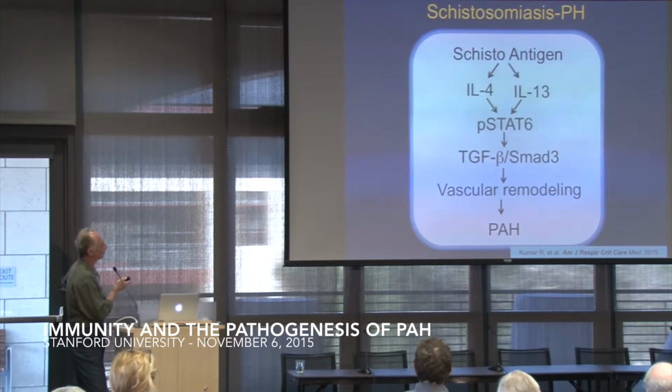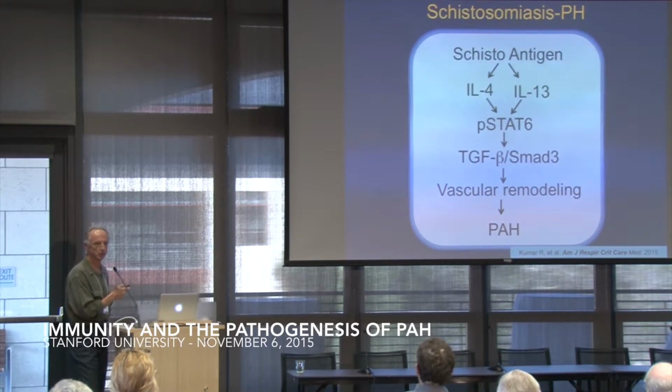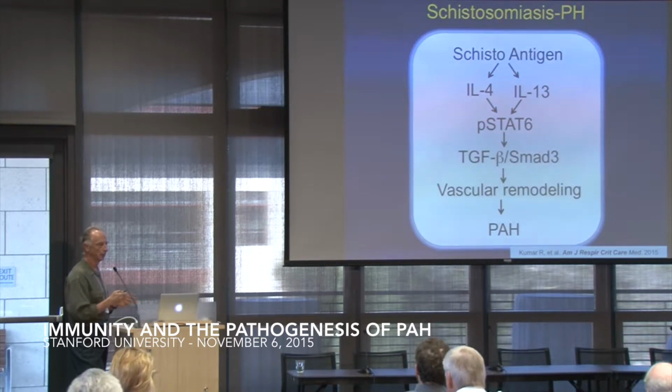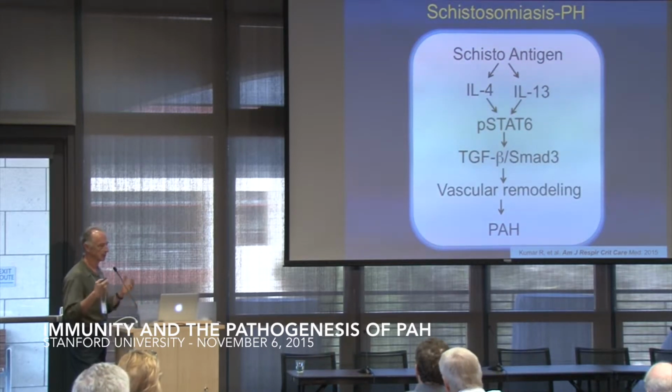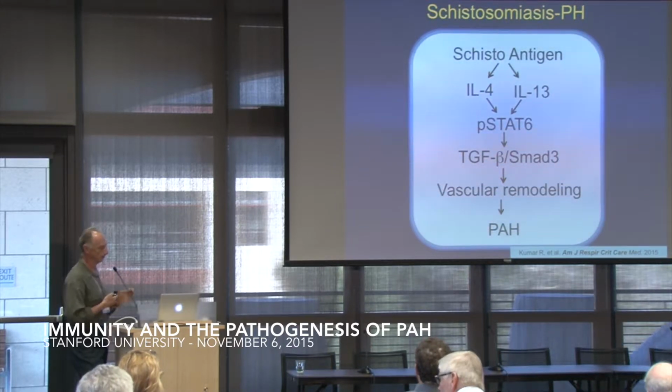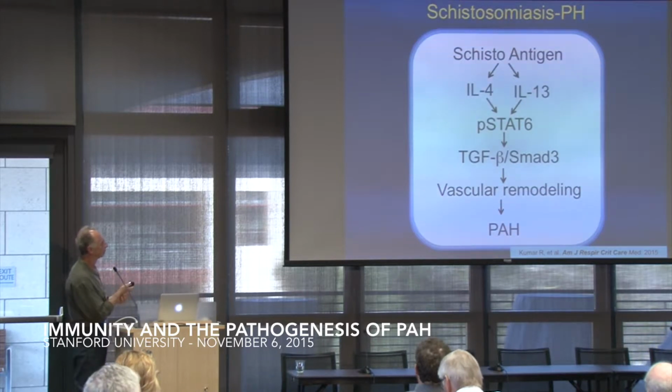But the one that we decided to pursue in the last 4 or 5 years, we start with the schisto, and I put here the antigen because this is one of the holy grails that we need to start addressing because we have a complex organism. And if we can define a little bit more on the antigens, we can actually dissect the process even in a larger, more detailed manner.